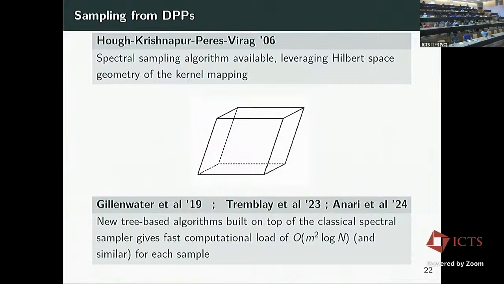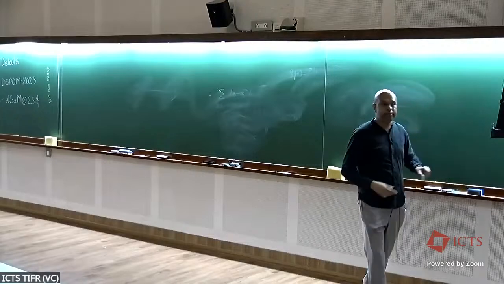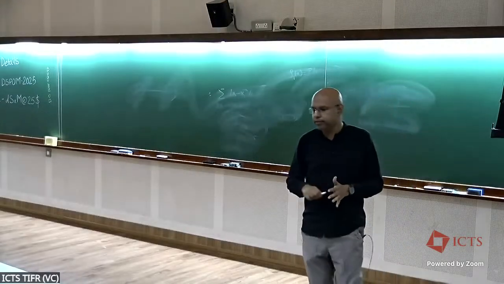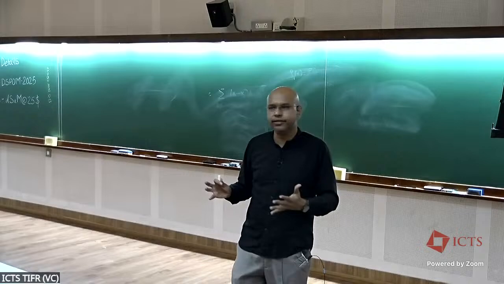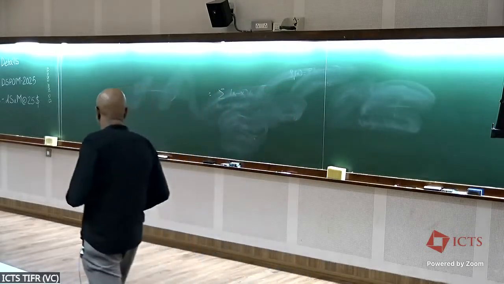The reason for choosing this particular topic is that it captures many of the nice structure and the geometry of determinantal processes, the spatial geometry of determinantal point processes, which is the basic reason why it works in the first place.